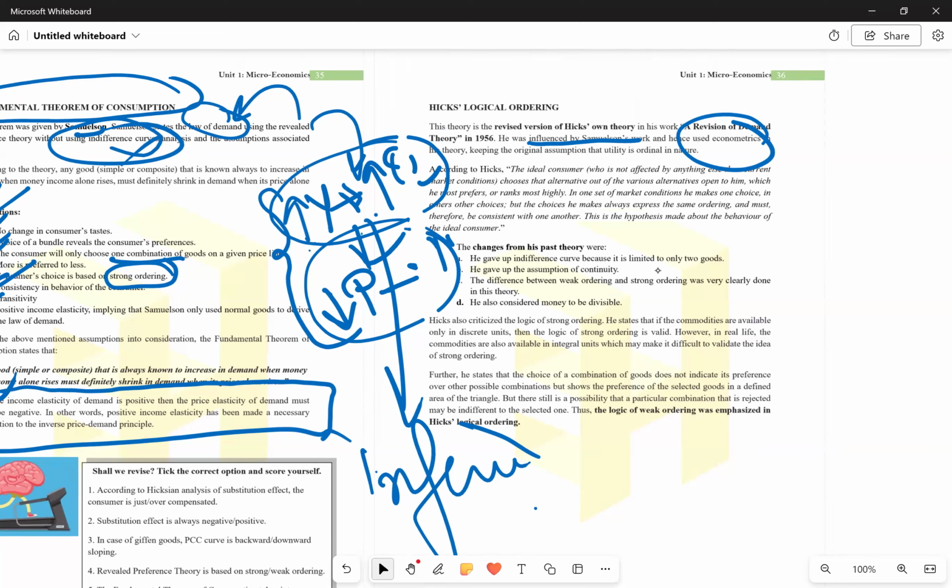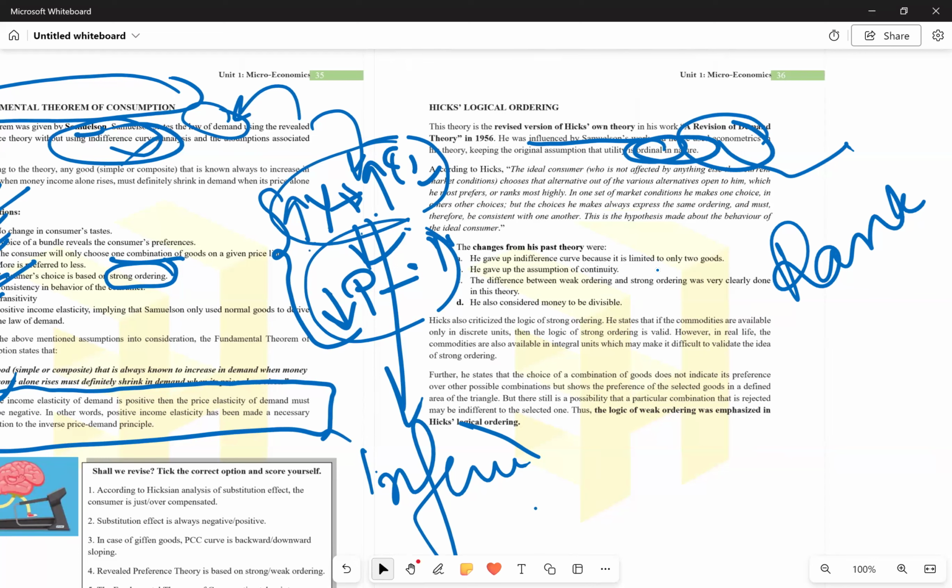But then he took real data, he took real models, and then he used econometrics. The only thing which he kept intact was the ordinal nature of your commodity, that you can rank the commodities or the bundles which you have, right?